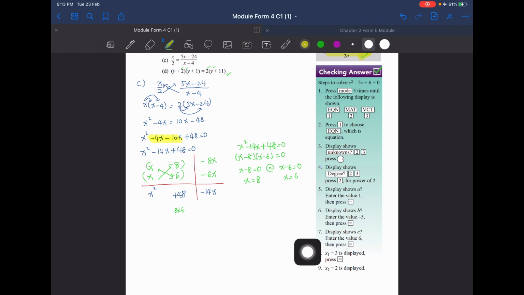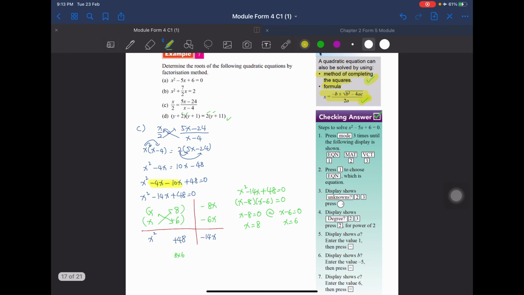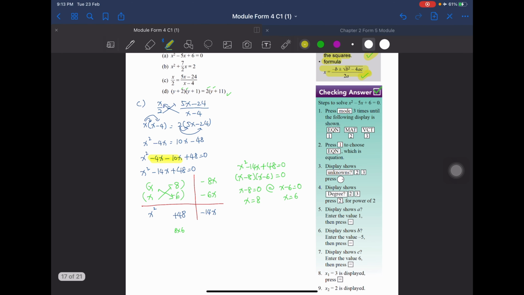Actually there is one method I'm going to teach you, how to solve by using what we call backward solution. By using backward solution, you don't have to go through this hassle over here.